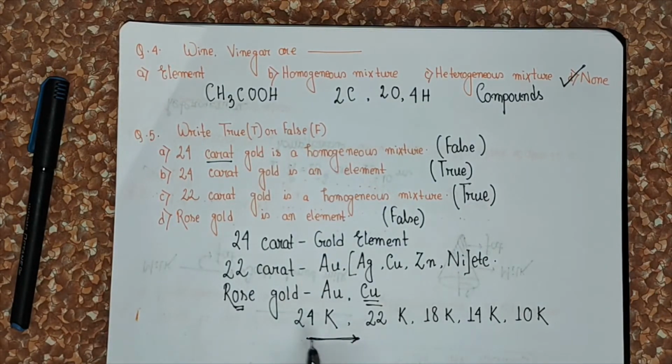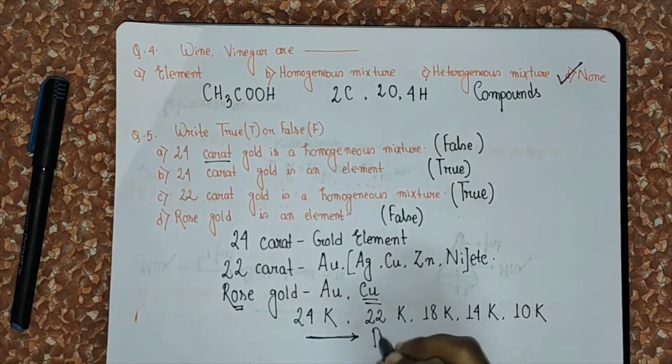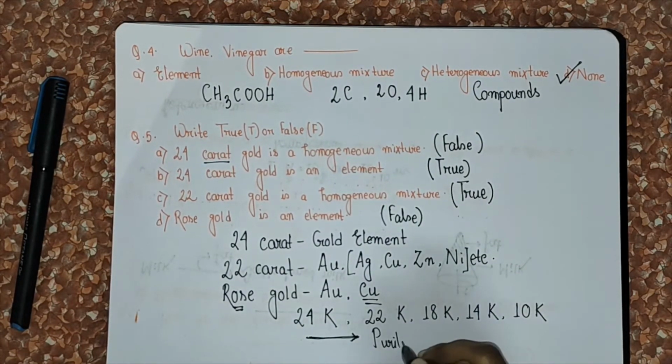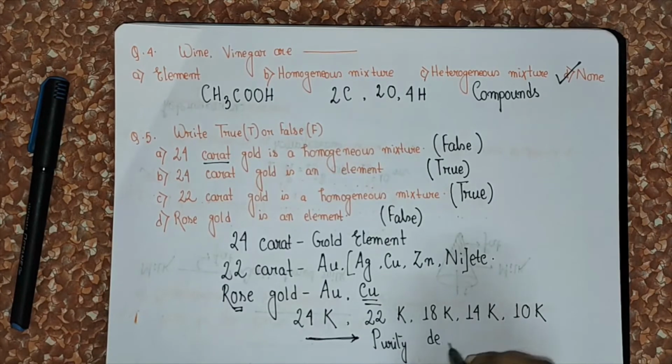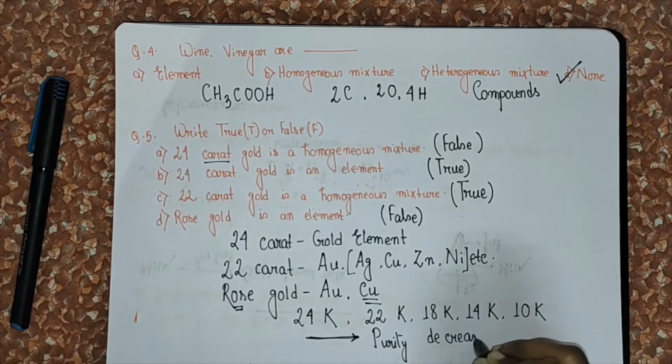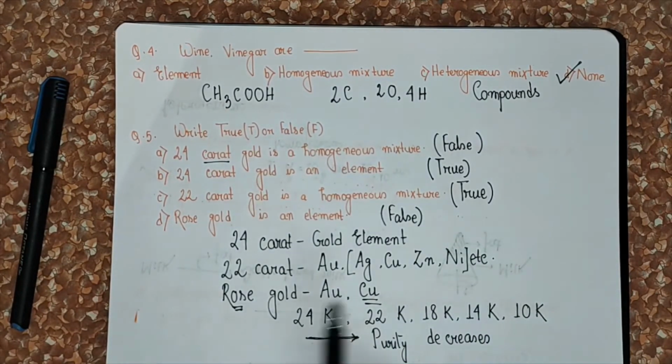If we move from 24 to 10, the purity of the gold will gradually decrease, because we add other impurities like copper, silver, zinc, nickel or any other metal.